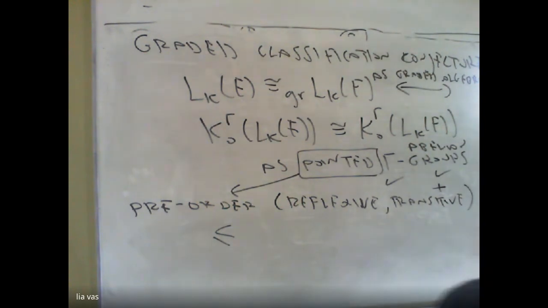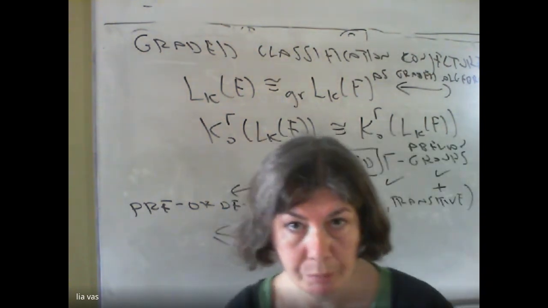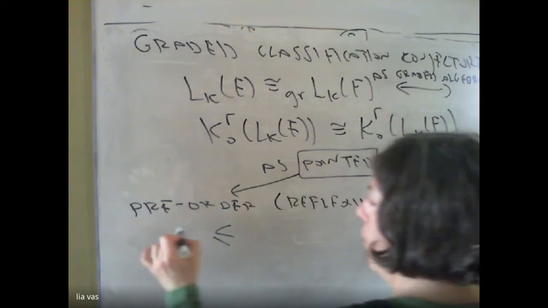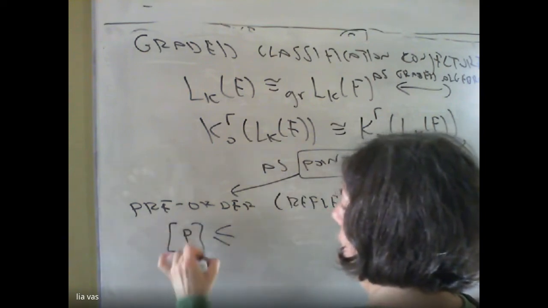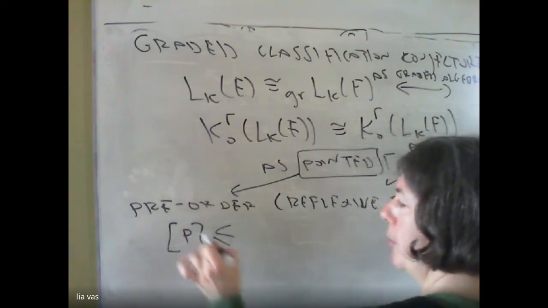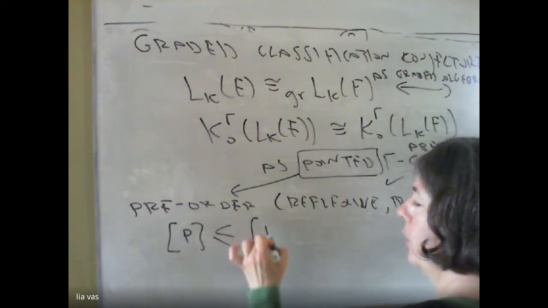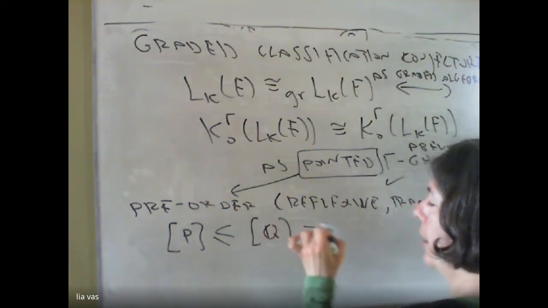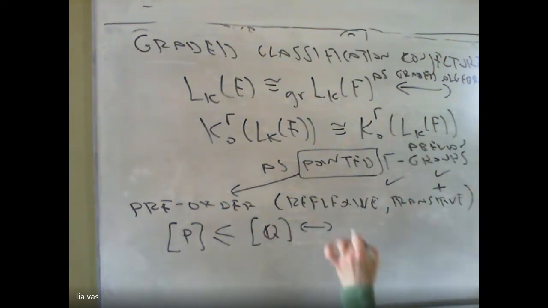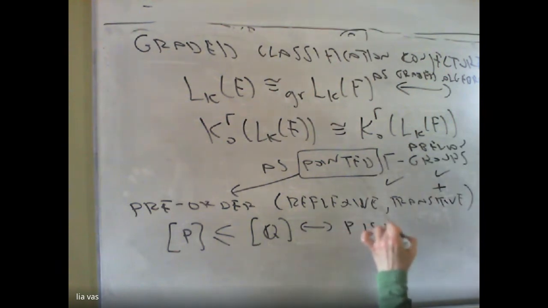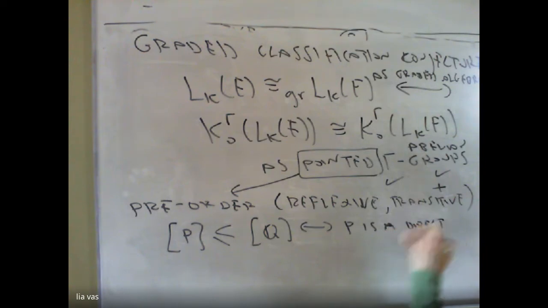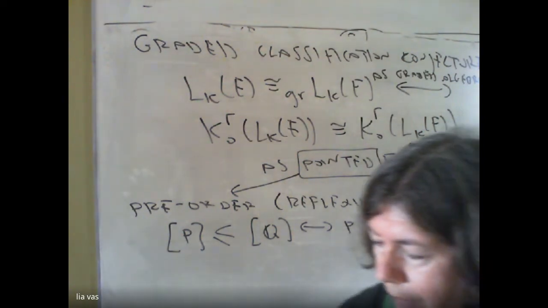And there is a very, very natural pre-order here. You're thinking that one finitely generated projective P is less or equal to another finitely generated projective Q if and only if P is a direct summand of Q. So that's your pre-order.